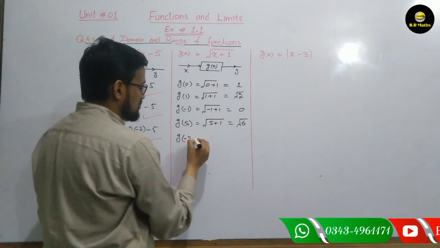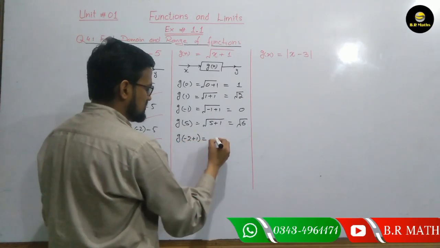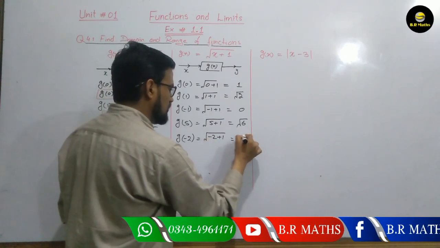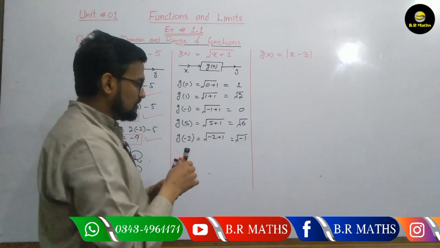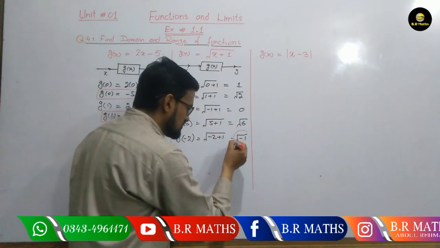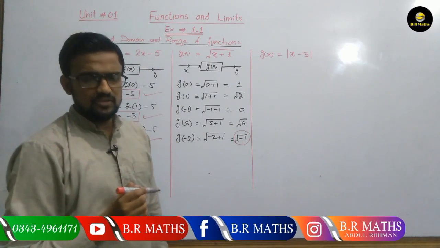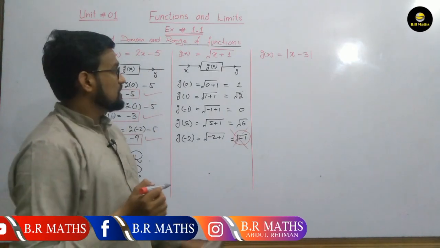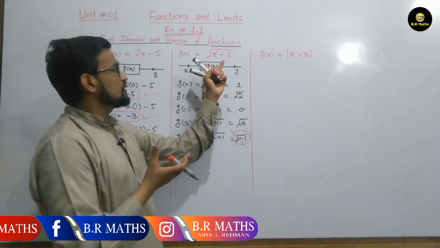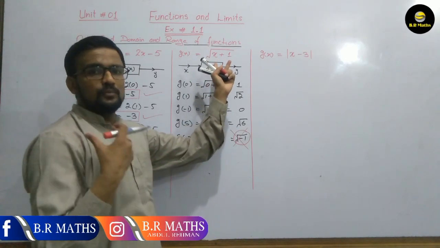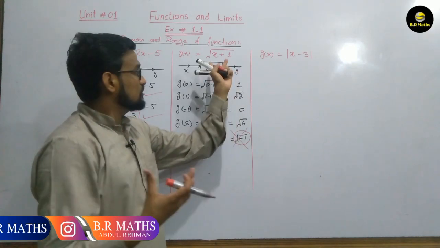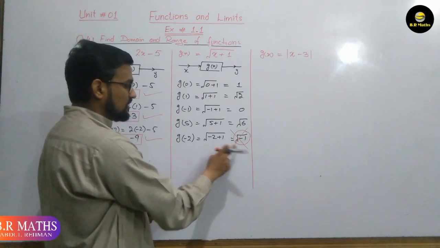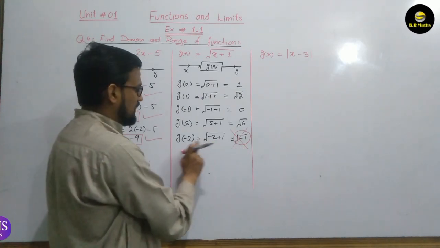Now put minus 2, and the result is minus 2 plus 1, which means square root of minus 1. So students, this is not a real number. The square root function produces only non-negative values, so the result is not satisfied at this value.